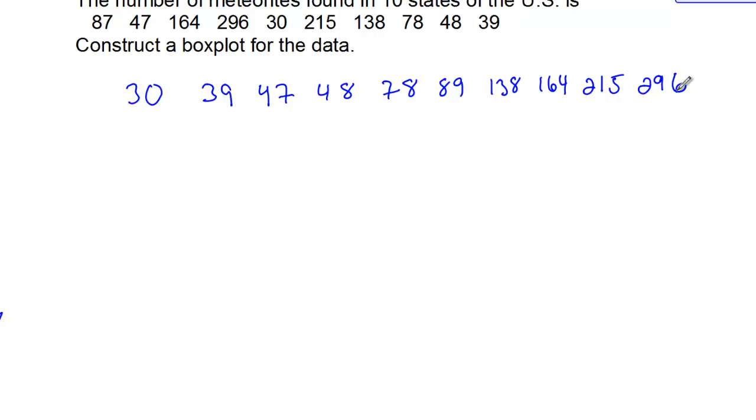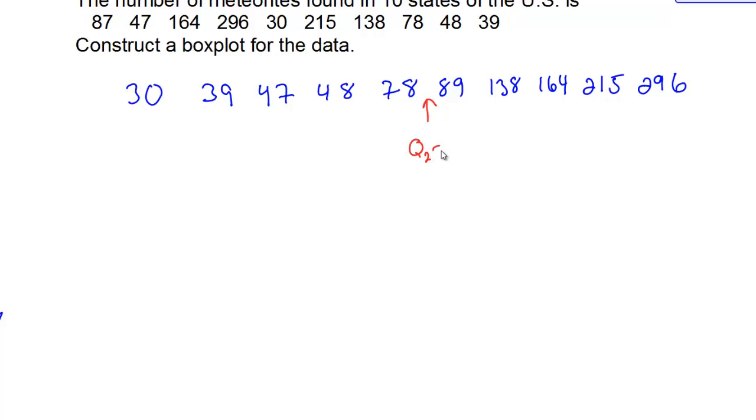So we now have our 10 numbers put in order from least to greatest. Since there are 10 numbers, my median, my Q2, is going to be here between numbers 5 and 6. So Q2 is going to be here.